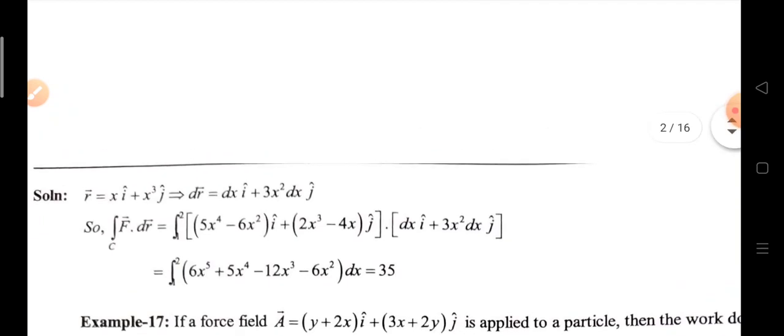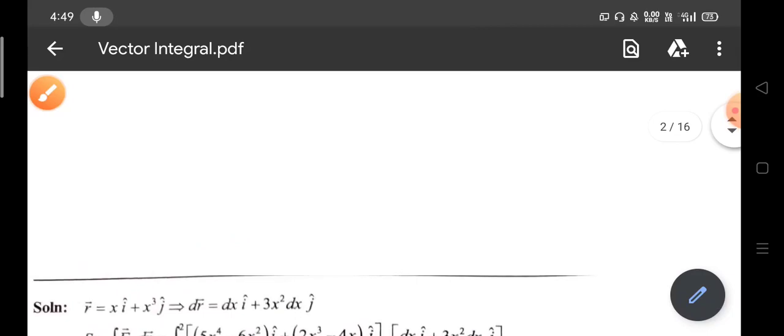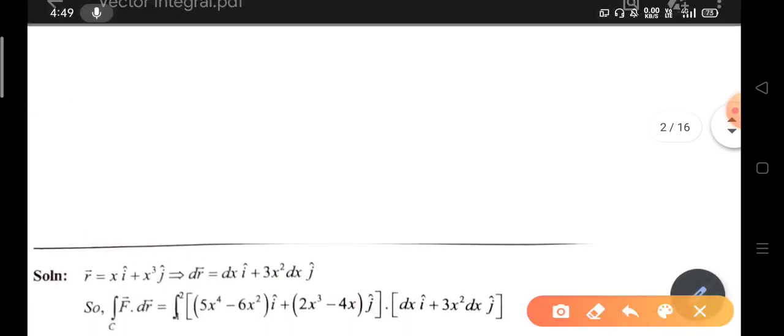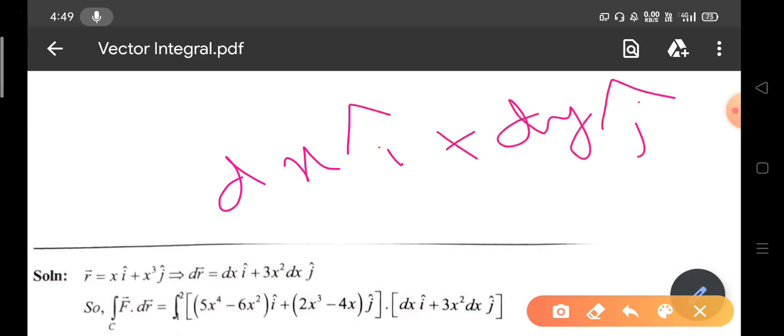So here F is given as (5x to the power 4 minus 6x square) i cap plus (2x cube minus 4x) j cap. So now F has been written. Now for dr, you can write dx into i cap plus dy into j cap, because r equals x i cap plus y j cap. So dr will be dx i cap plus dy j cap.